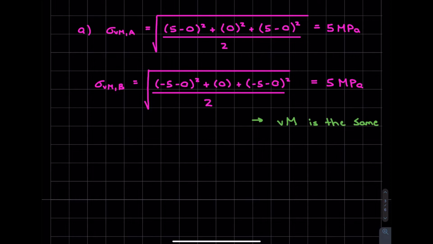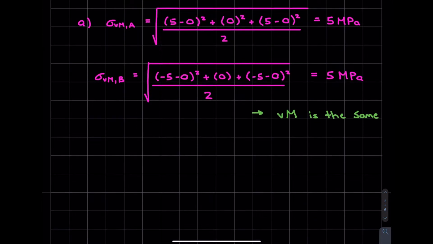A lot of kids will go into this big, long equation and calculate it, and that's perfectly valid. You guys will get the right answer. But if you guys know this fact, you can say it's just the same as A. Nice and easy. You guys are off to the races. So it's one of those things that if you know the tricks, it'll save you time. And as you guys know in midterms, time is your best friend.